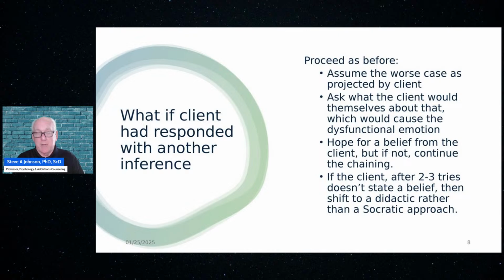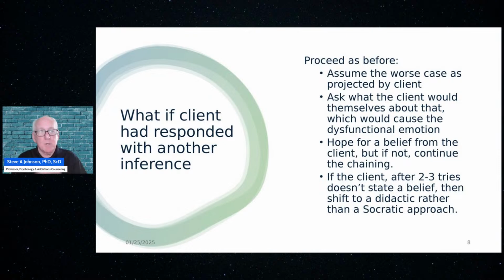Notice in the inference chaining, we're taking a Socratic approach. But for concrete thinkers, sometimes we have to shift into a different way. So we would say, well, some people in this situation may be thinking this. See, we shifted from Socratic to didactic, because they don't know what we're getting after, right?